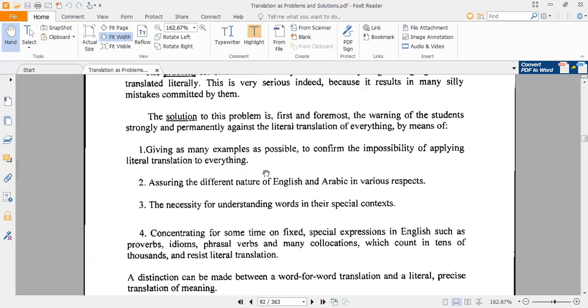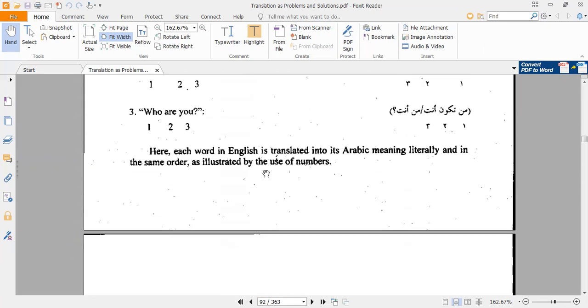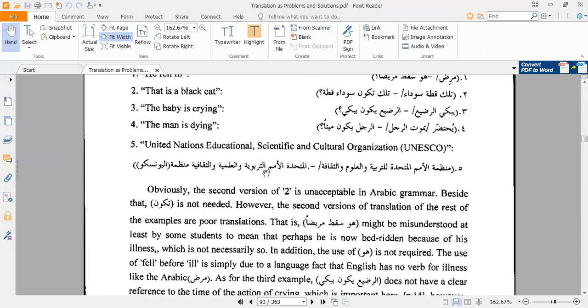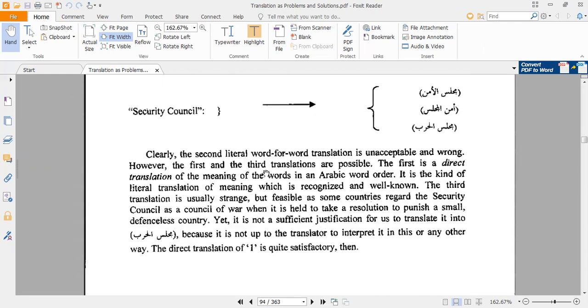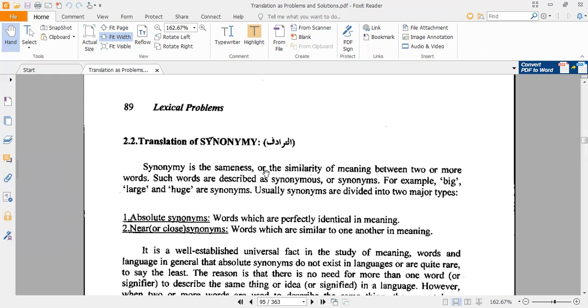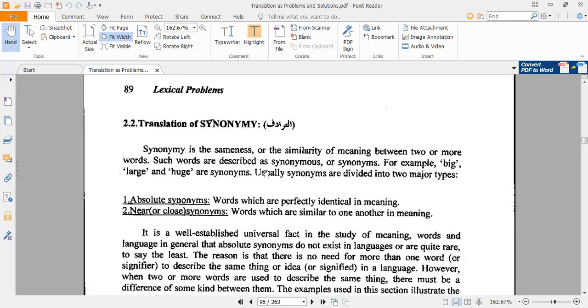Today we are going to talk about semantic problems, a specific type: synonyms, or the translation of synonyms. First of all, what is the meaning of synonym? Synonym means sameness or similarity of meaning.